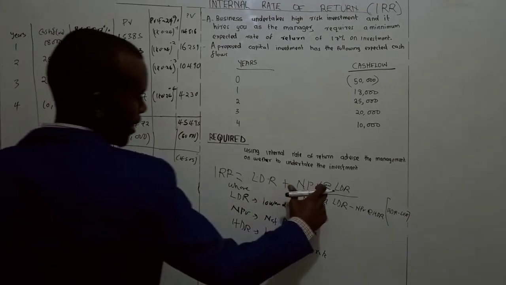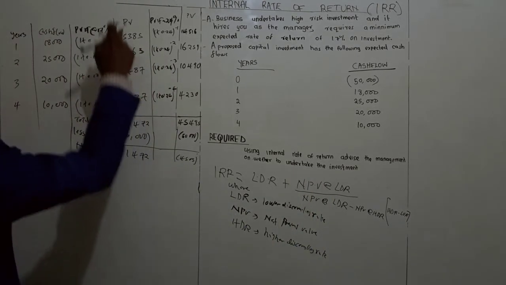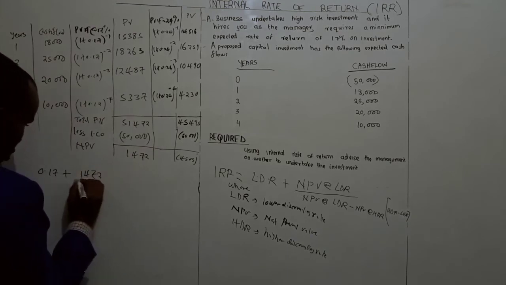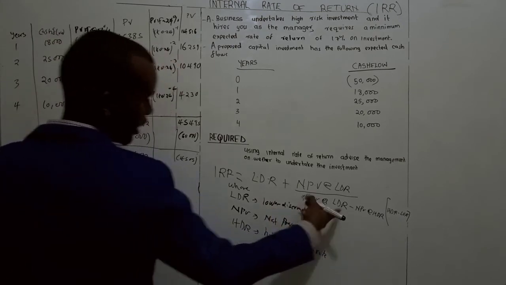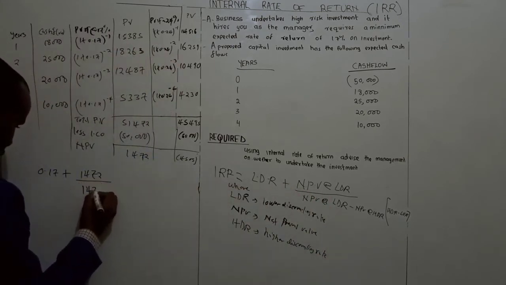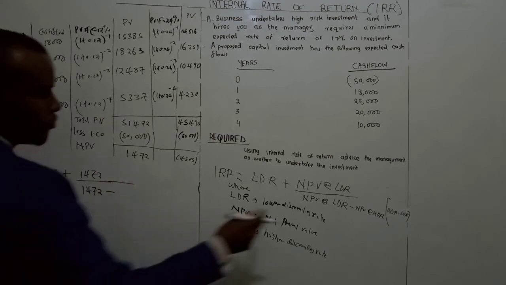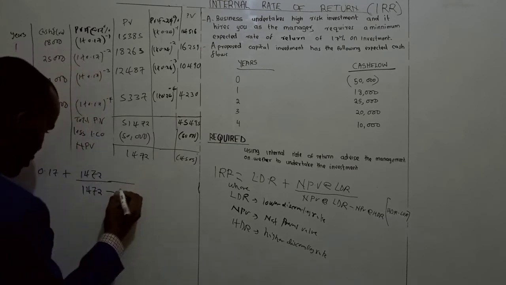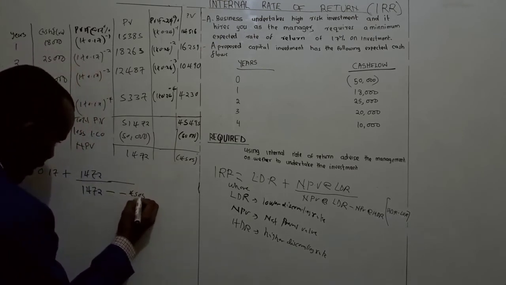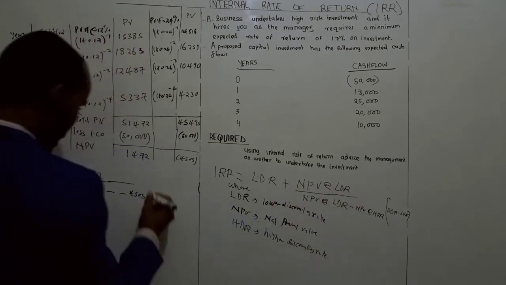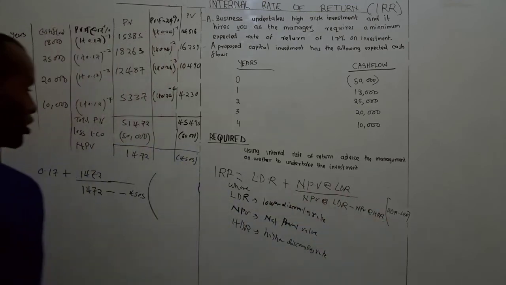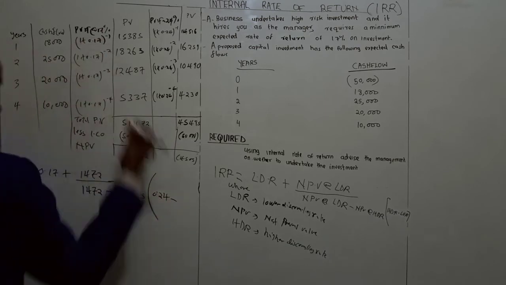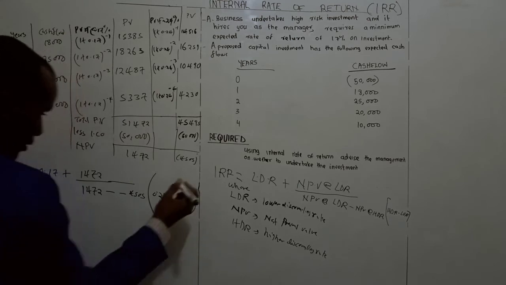We add the NPV at the low discounting rate, 1,472, divided by the NPV at the low discounting rate, 1,472, subtract the NPV at the higher discounting rate, which is minus 4,505. Then multiply this by the higher discounting rate, 0.24, subtract the lower discounting rate, 0.17.